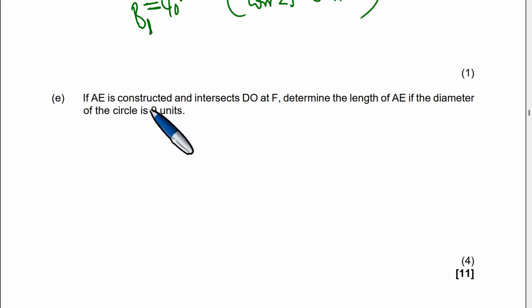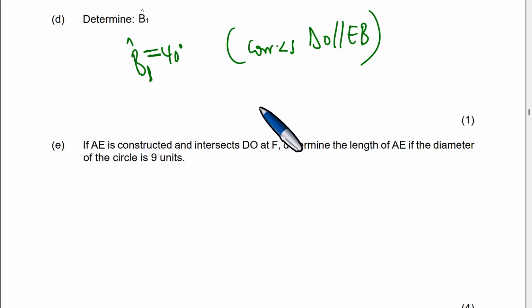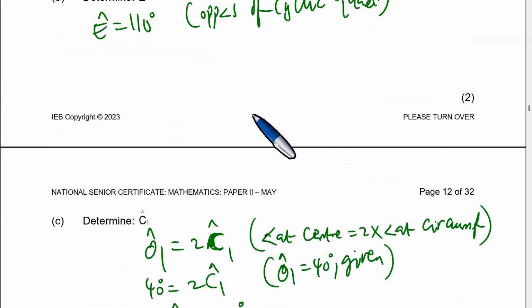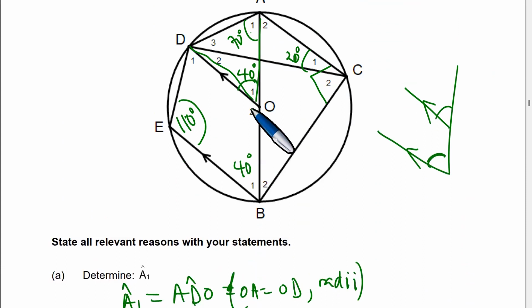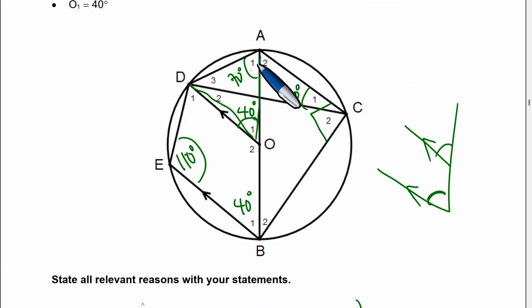If AE is constructed and intersects DO at F, determine the length of AE if the diameter of the circle is 9 units.